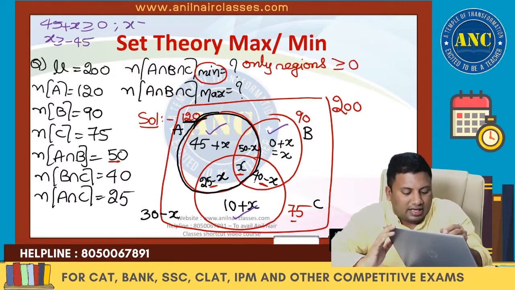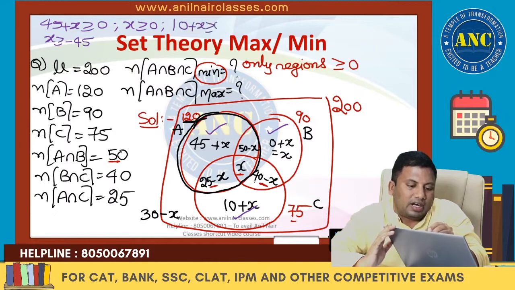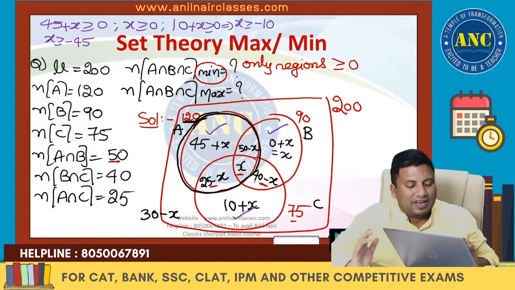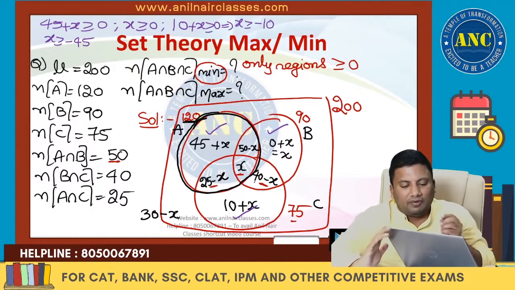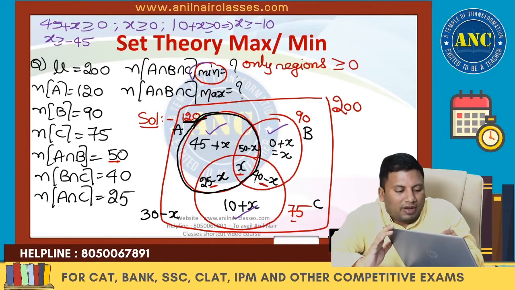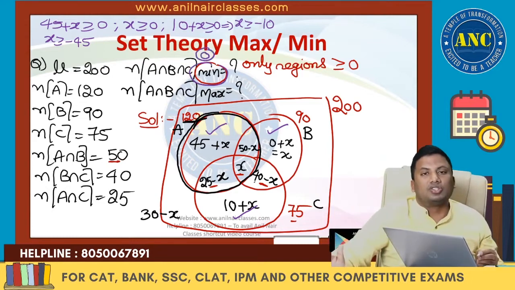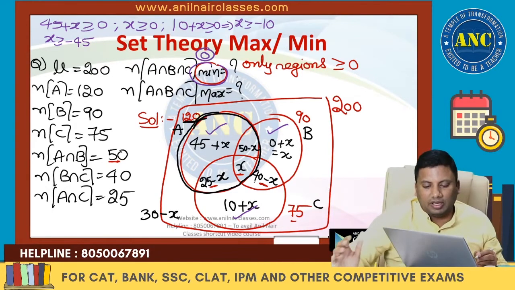X is greater than or equivalent to 0. 10 plus X is greater than or equivalent to 0, which is X greater than or equivalent to minus 10. X cannot take a negative value. So the minimum value of A intersection B intersection C here is 0.